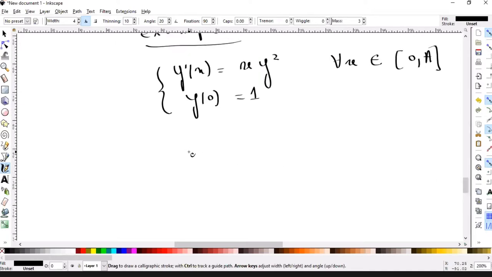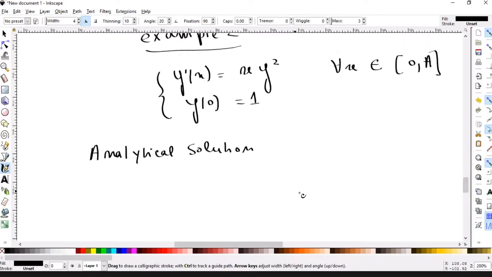Now if you want to find the analytical solution here, it's dy over y squared equals x dx.